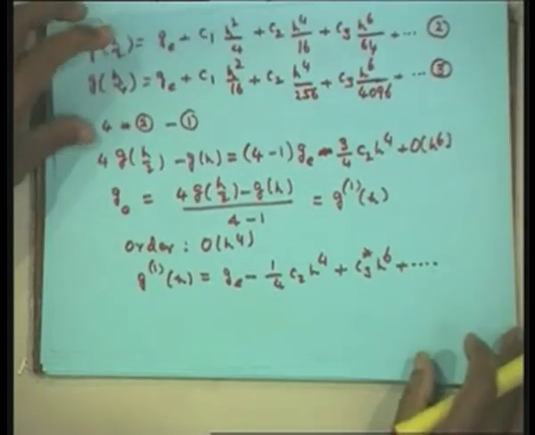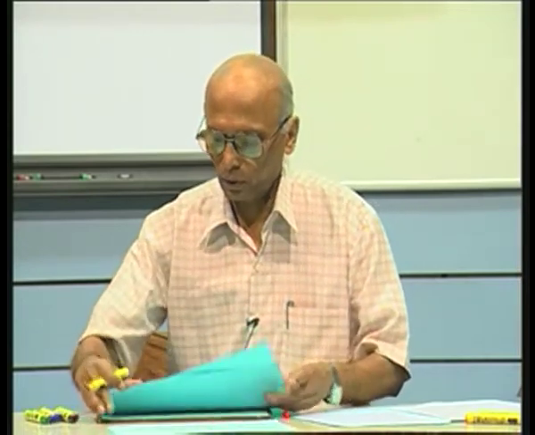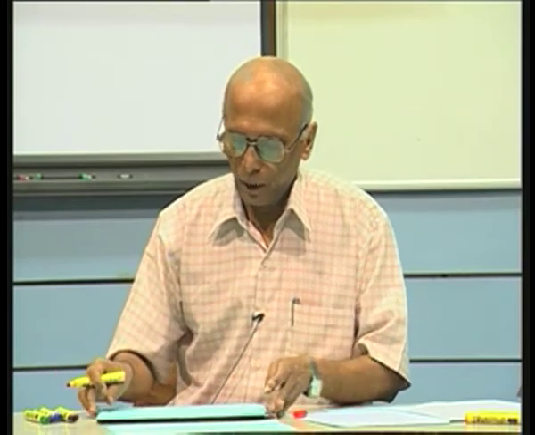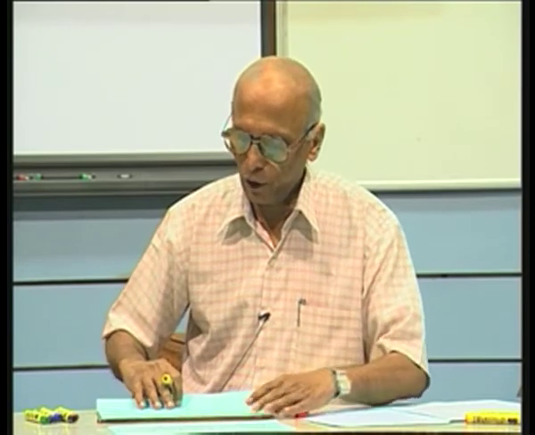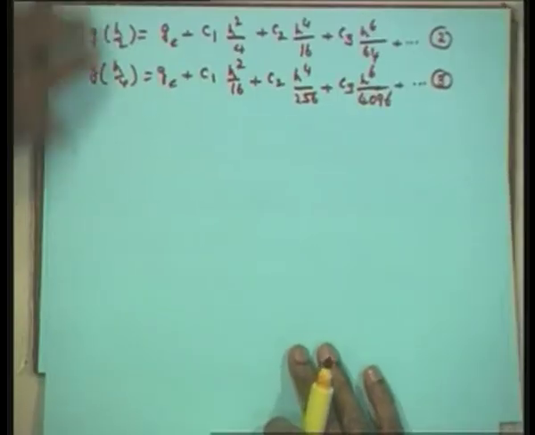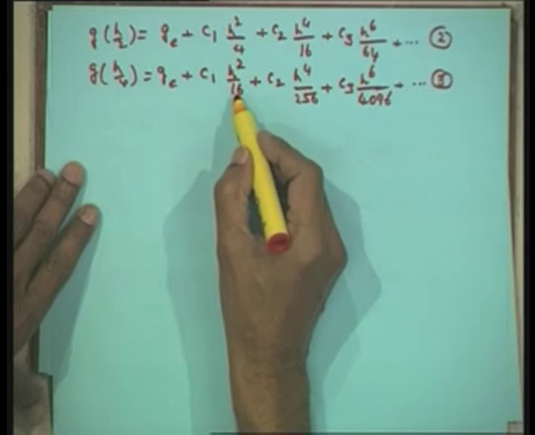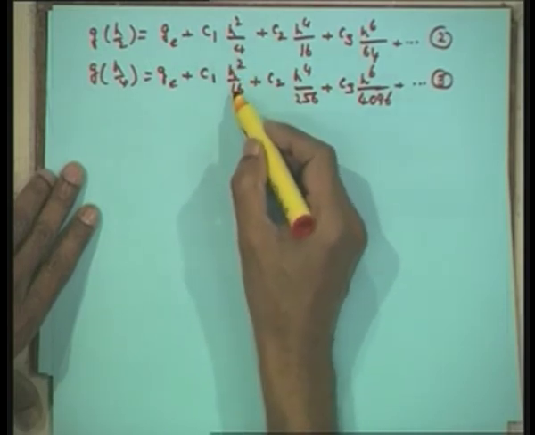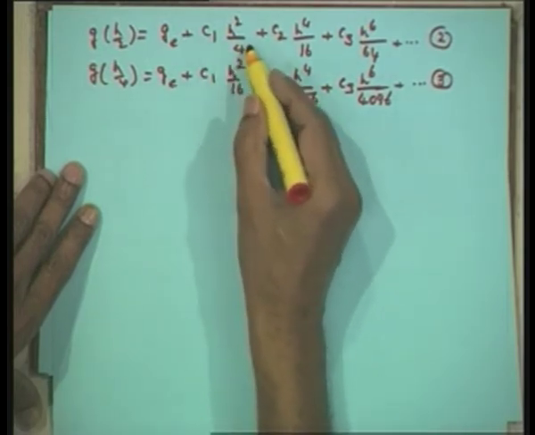Now, I would eliminate similarly C1 h square from equations 2 and 3. Therefore, again you can see I multiply this by 4, then I subtract this equation, I would then again cancel this.